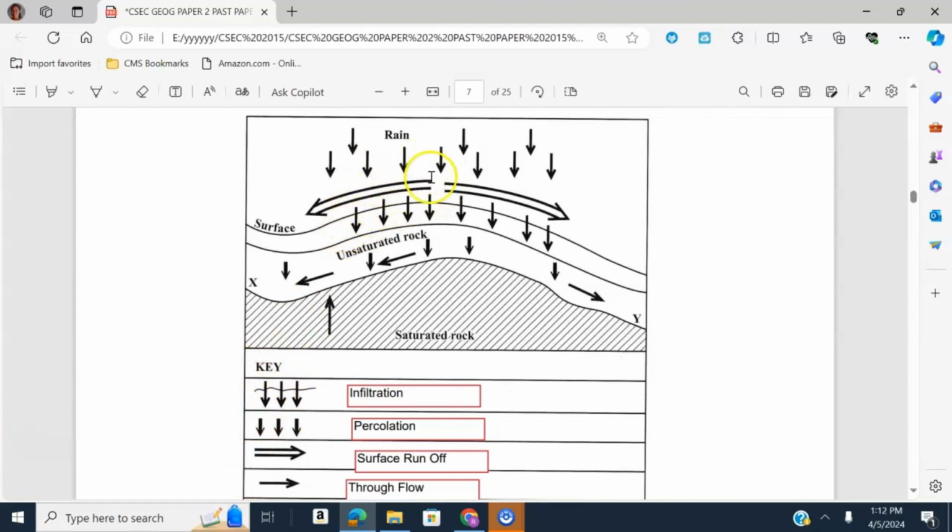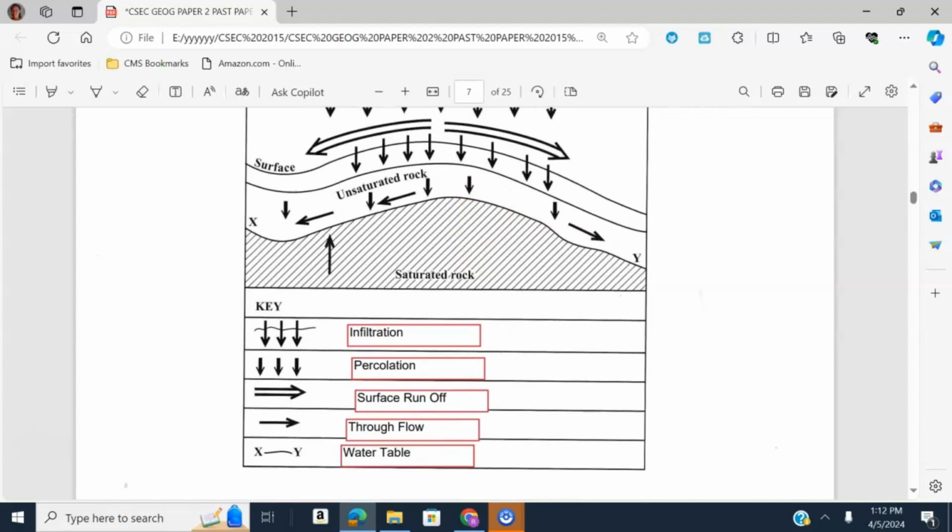Right here, this is when the water is infiltrating into the ground. Then beneath that, these larger arrows are known as percolation. Then we have this one going across, which is known as the surface runoff. And then we have this one, which is known as the through flow.